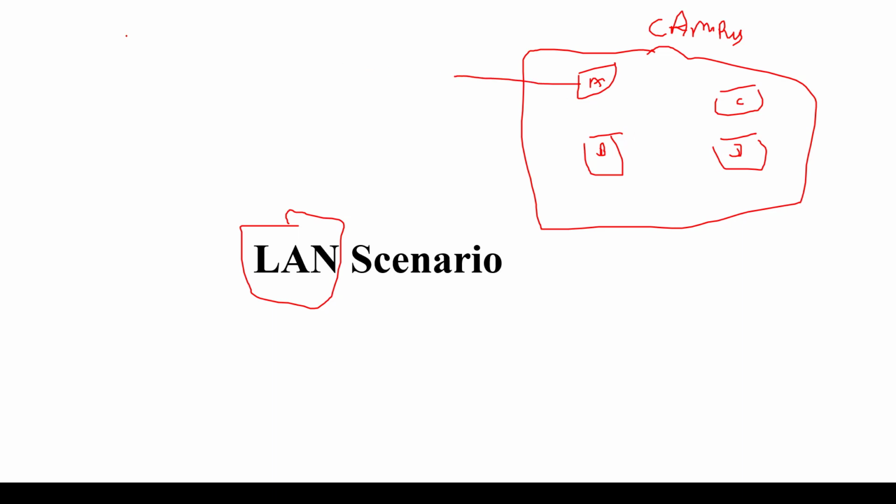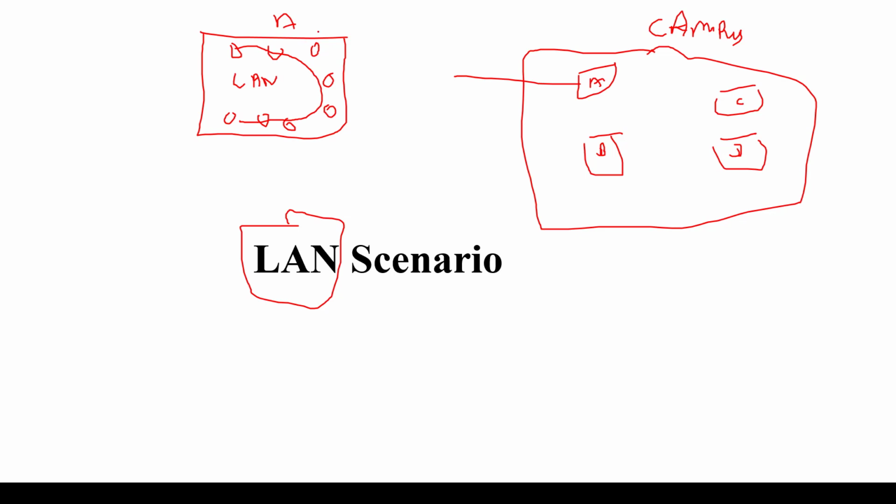So let's take lab A, or we can say building A. In this building, we have 20 computers, or let's say some limited number so we can easily learn it. So these are around 8 computers we have. How can you connect these? Of course, the first thing is LAN. Using LAN, you can connect all these computers so they can communicate with each other.